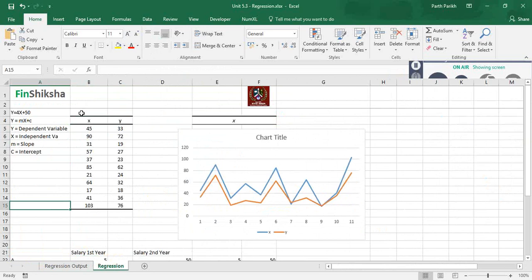Let me explain. Your equation is y equals mx1 plus nx2 plus c. R square defines how closely, given the values of x1 and x2, you can predict the output of y, whereas adjusted R square will eliminate the effect of dependency between x1 and x2.